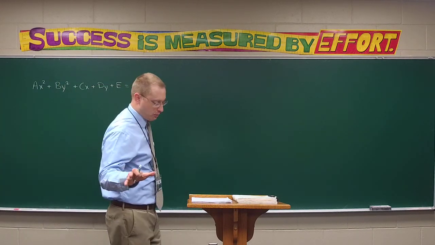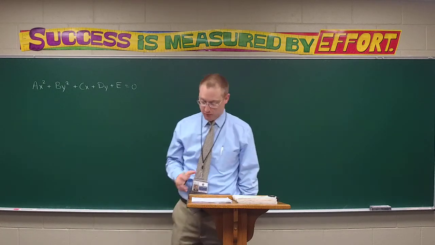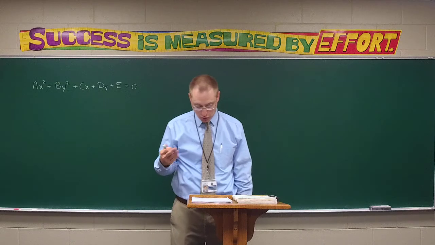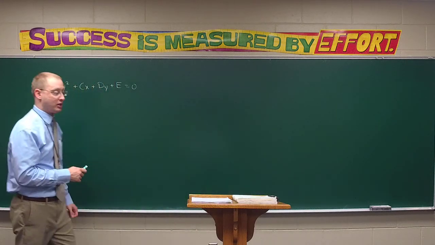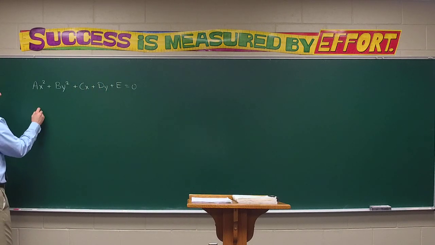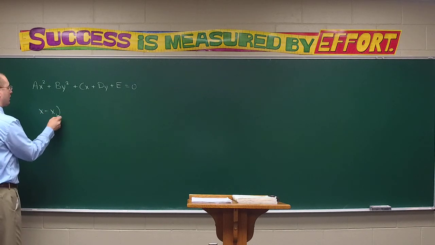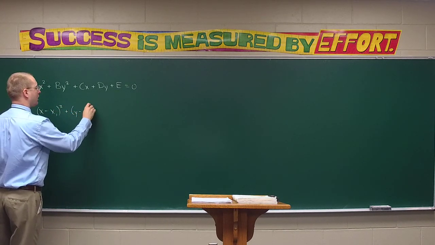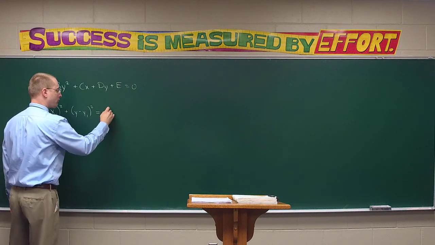What we've been working on with the circle, though, had a special equation of a circle. So rather than the conic form starting out, we started off with the circle form. What is the circle form of an equation, Jamie? X minus x1 squared plus y minus y1 squared equals r squared. There we go.